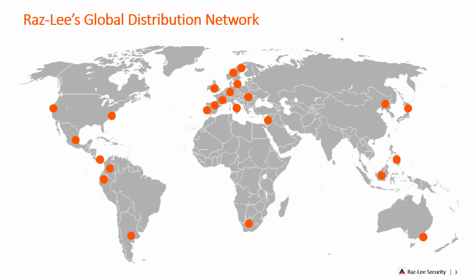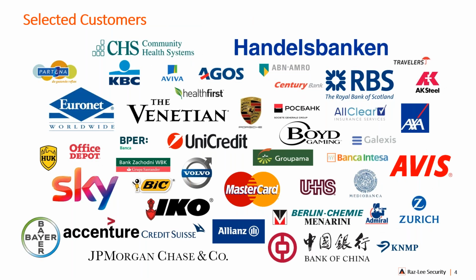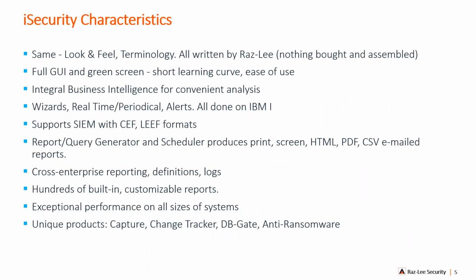We have corporate offices and a worldwide network of distributors. This slide provides a sample of our customers from various industries, such as finance, banking, and healthcare. Our iSecurity suite of products is the most comprehensive solution for security auditing, compliance, and encryption on the IBM I. We cover more aspects of security than any other company.